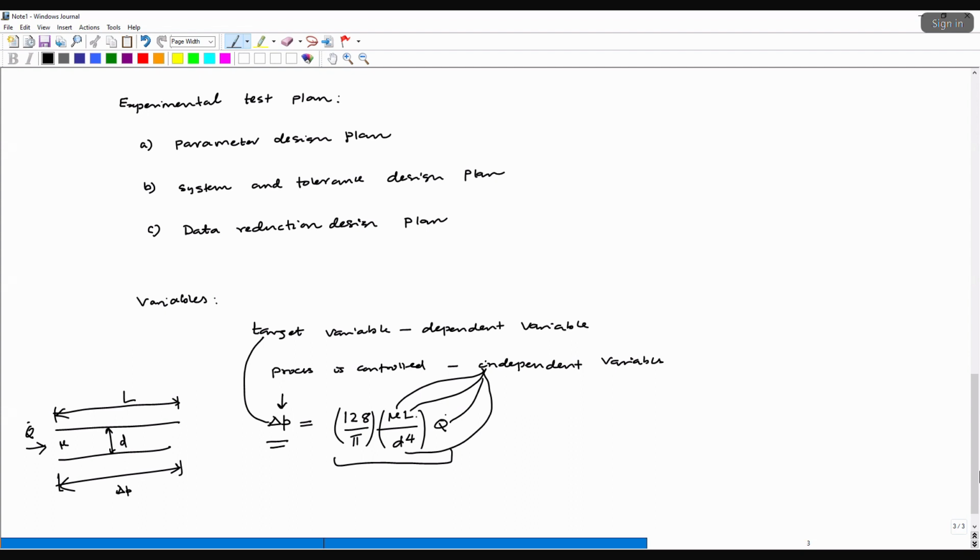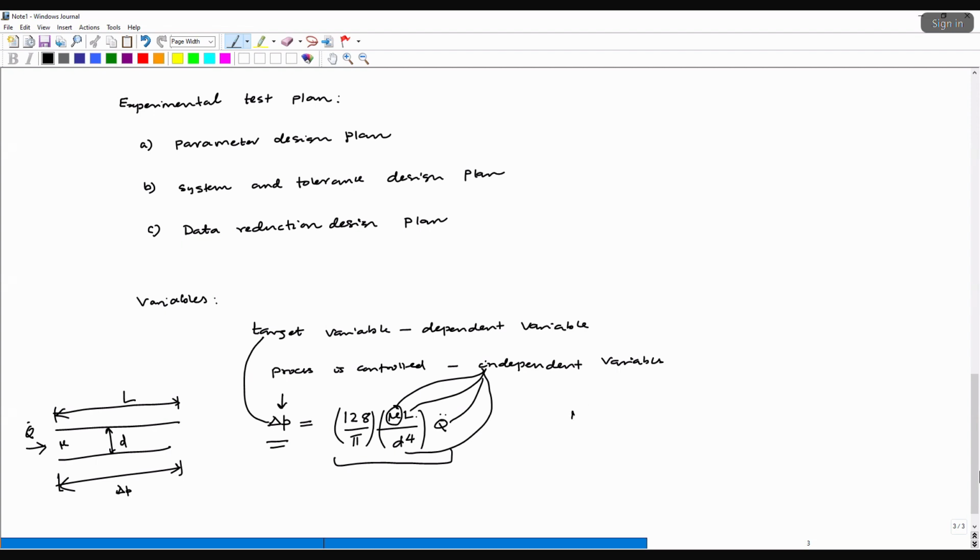Of course, you need to be really careful. Sometimes you assume that these independent variables are not dependent on the other independent variables, but sometimes they may depend, right? For example, dynamic viscosity, if it is a Newtonian fluid, will not change with flow rate.